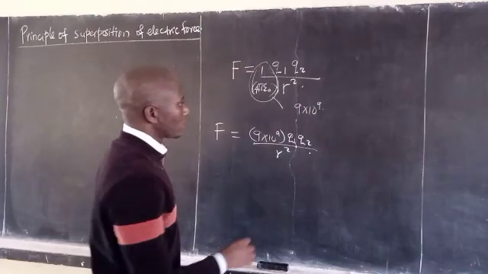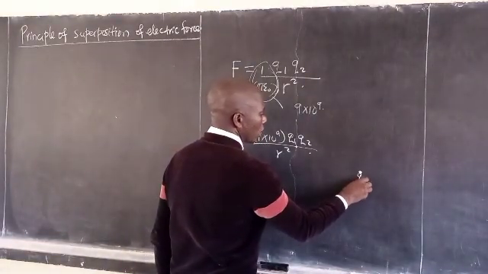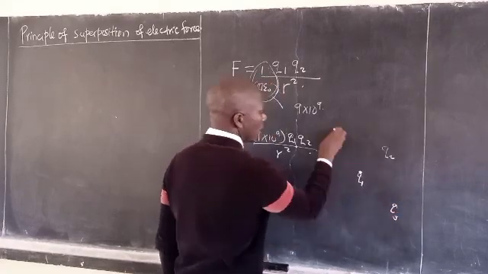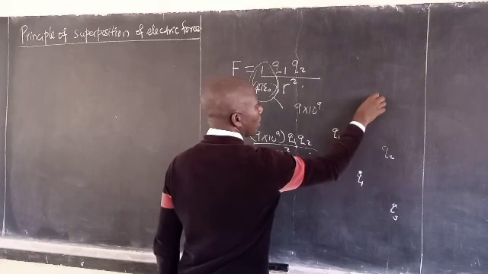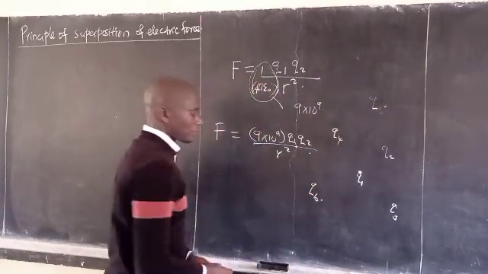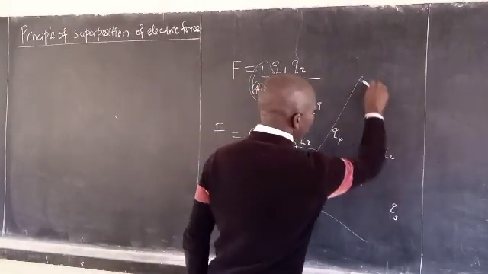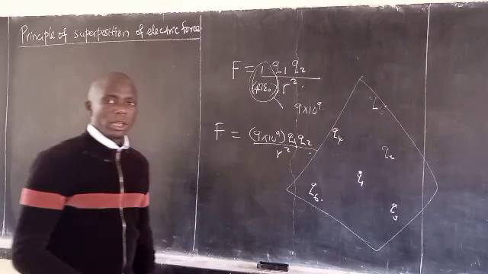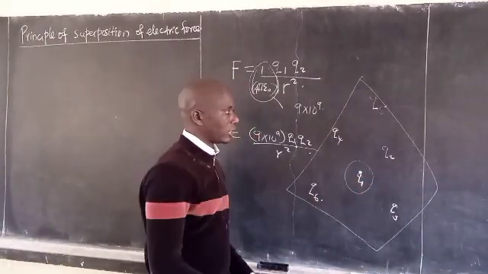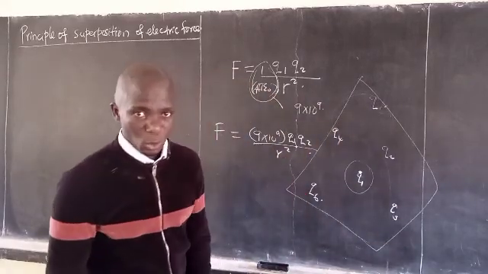For instance, if we have a charge 1 here, there is another charge 2 here, a charge 3 here, a charge 4, maybe charge 5, maybe some charge 6. Then these being in the same field, how do I calculate the force on this charge due to all these charges?